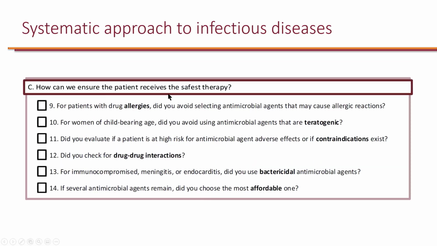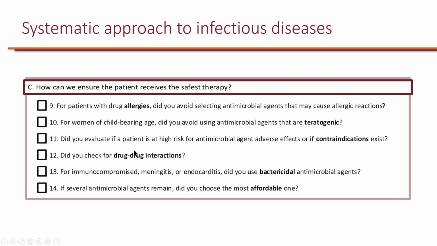Now, the third thing to consider is safety. So, of course, you always want to check for drug allergies and select antimicrobials that do not cause allergic reaction. So if somebody has an allergy to the drug that's listed, you want to use an alternative. For women of childbearing age, you want to avoid teratogenic drugs, so anything category X you want to avoid.